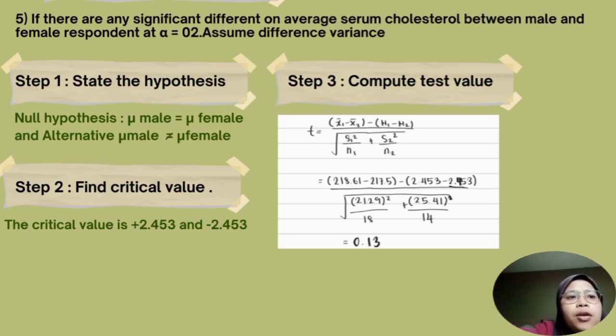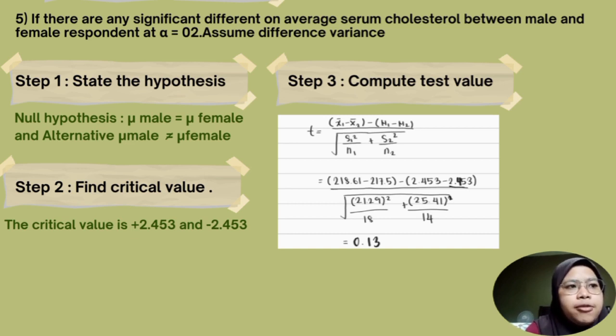So for step 2, we need to find the critical value. Since the test is two-tailed and the alpha is 0.02 and the variance is unequal, in this case, the degrees of freedom is 32 minus 1, so we can get 31.